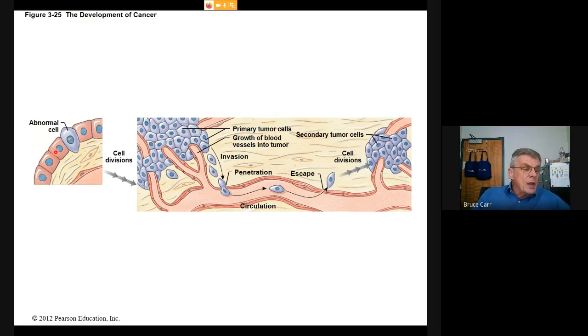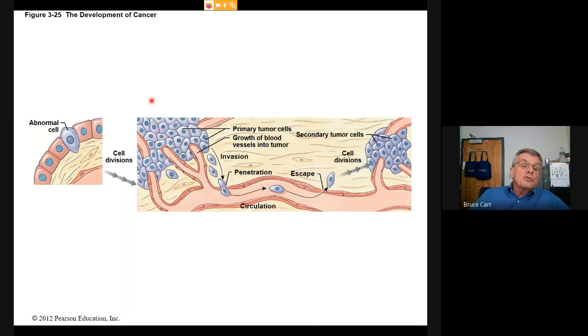What happens with a cancer cell is it loses that ability to pause and just begins dividing as fast as it can. So as this disease progresses, the single cell becomes 2, 4, 8, 16, 32, and on up until you get a mass of cells, the primary tumor.